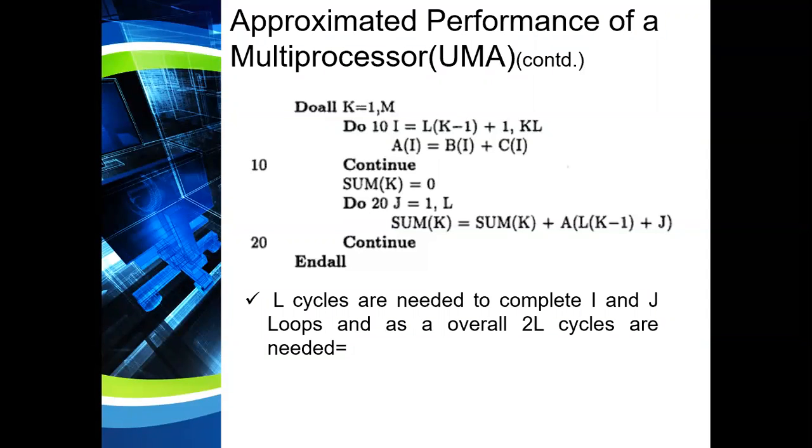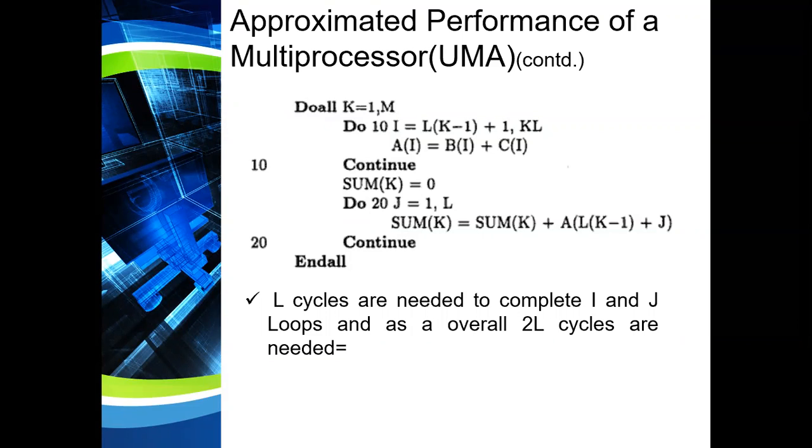Here we identified that L cycles are needed. As an example, we took the number of elements n equal to 2 with 2 microprocessors, m equal to 2.